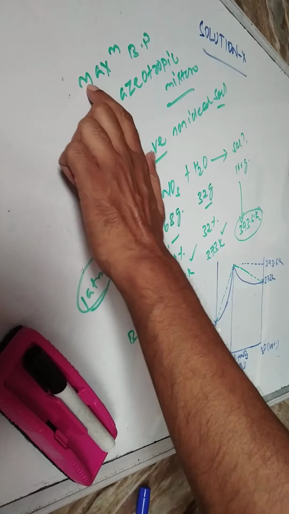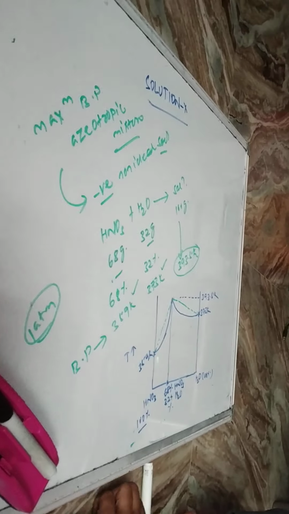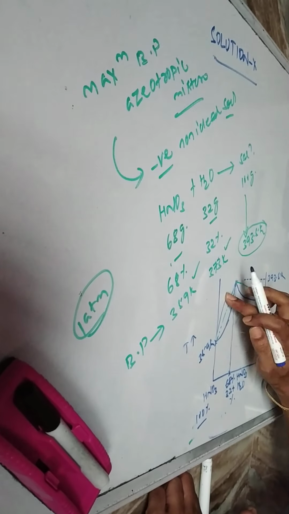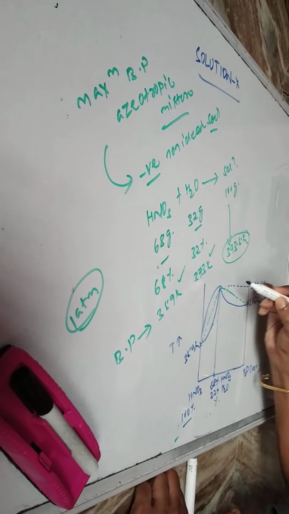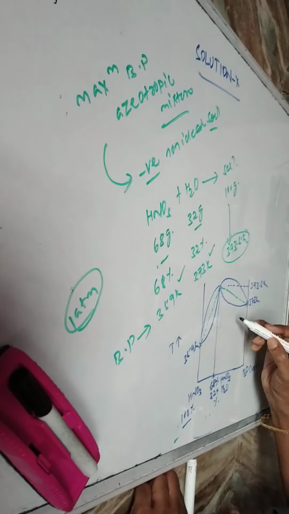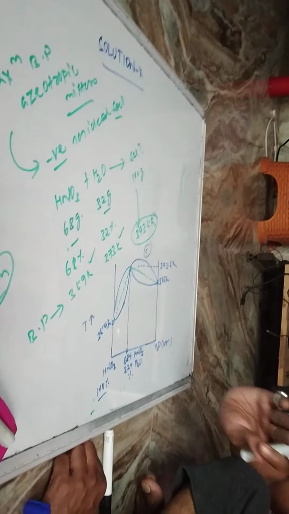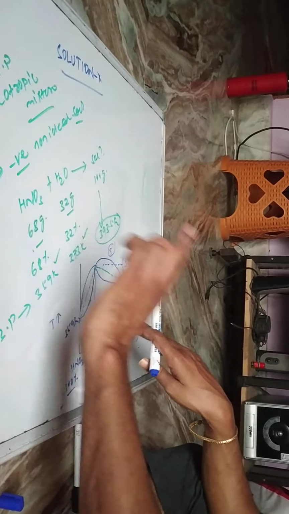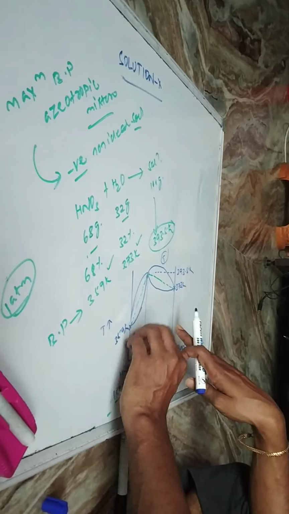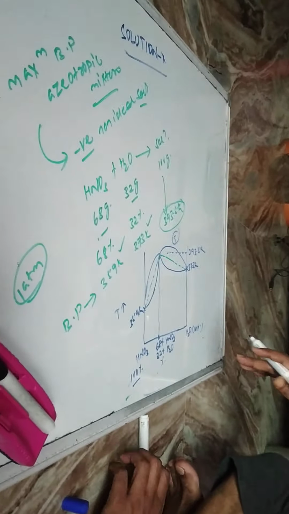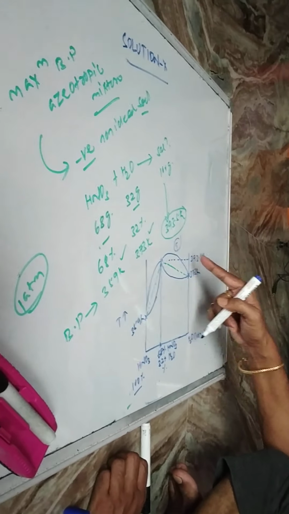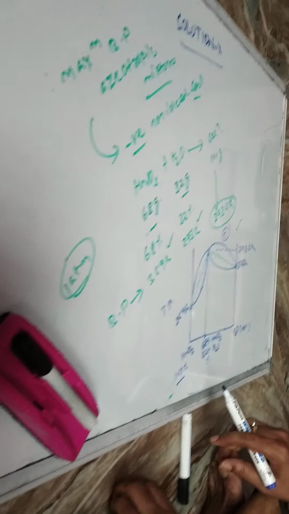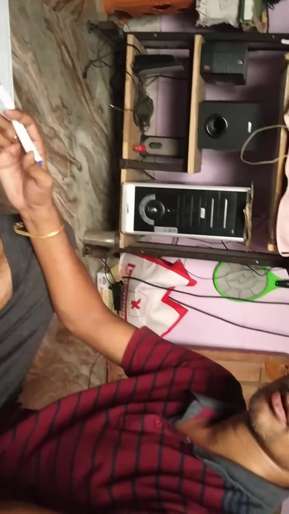As it is a maximum boiling point, the solute-solvent interaction is more, so its temperature curve should lie above the ideal curve. So this is the temperature curve and this is the vapor pressure curve. This is for the non-ideal solution showing negative deviation with maximum boiling point azeotropic mixture. Here the temperature you will get is 393.5 Kelvin. So this is one example of the maximum boiling point azeotropic mixture. On the next class I will go for the Van't Hoff factor.